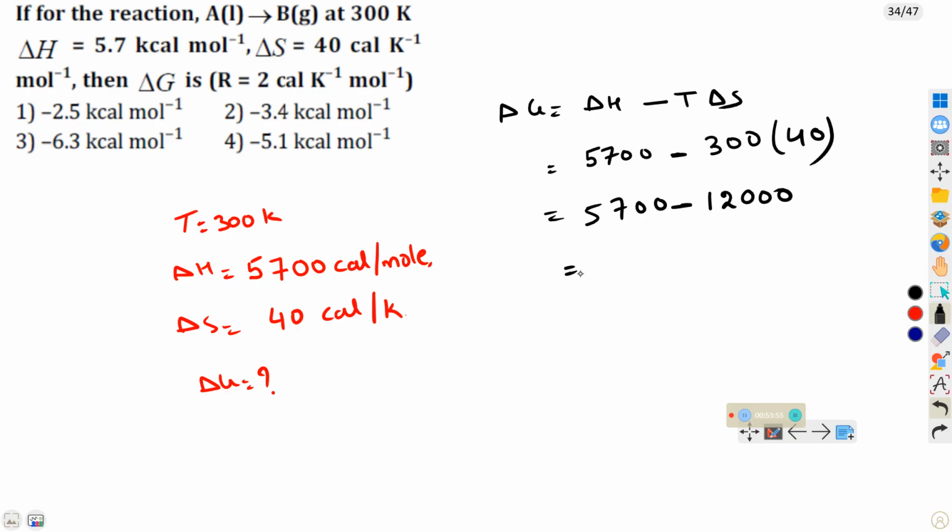Then you will get minus 6300 calories. The answer is given in kilocalories: minus 6.3 kilocalories. Third option is correct.